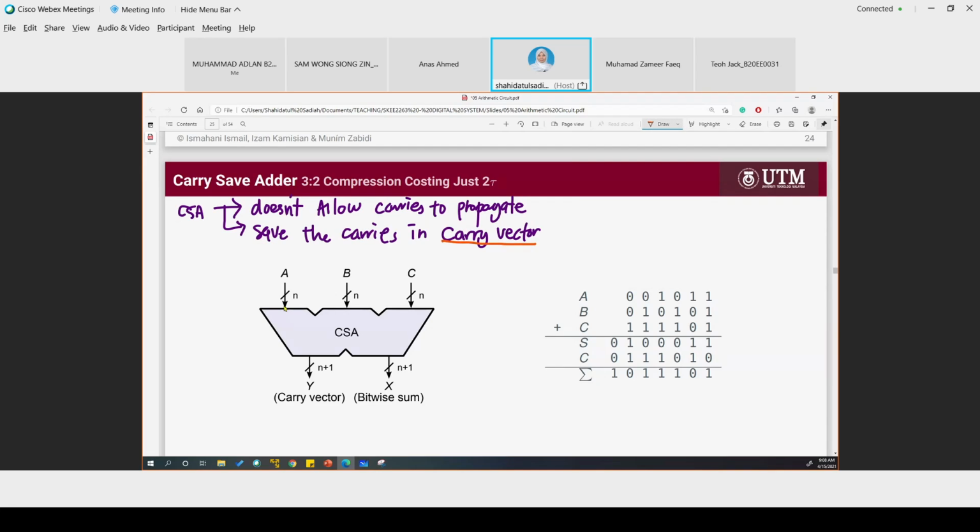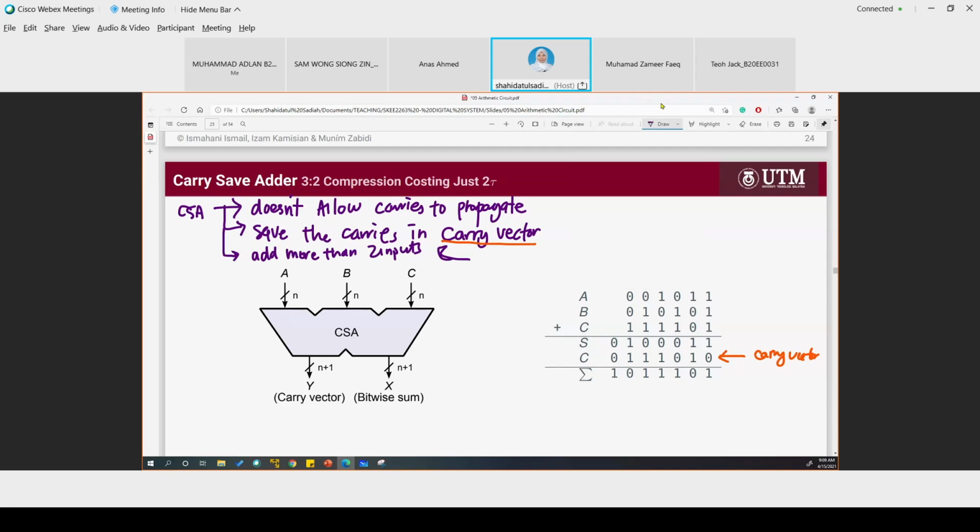Carry vector is this one. Right. And maybe you have realized this. Okay. Using the carry save adder, we can add more than 2 inputs. As you can see here, we are adding values A, B, and C in parallel together one time, right?